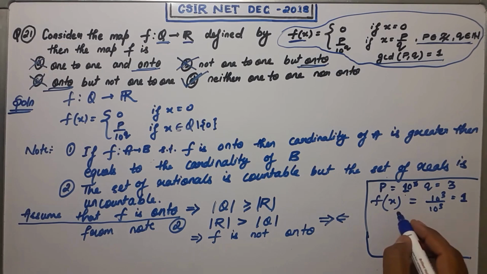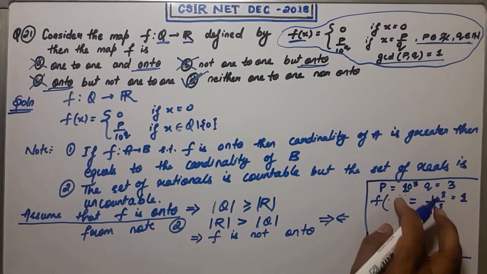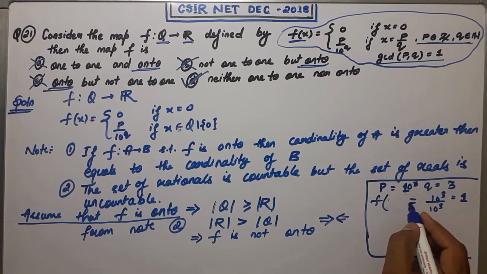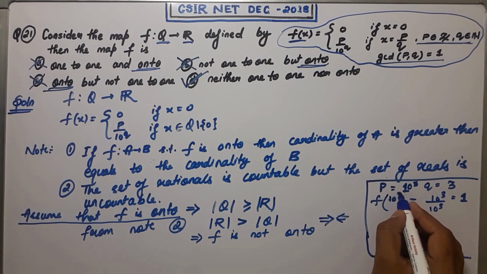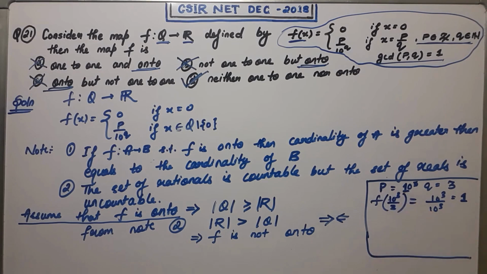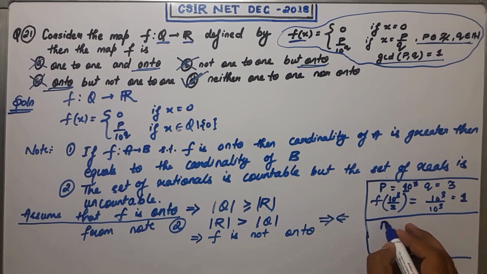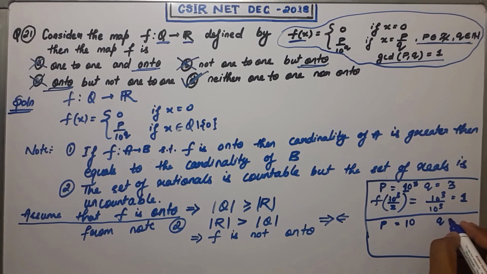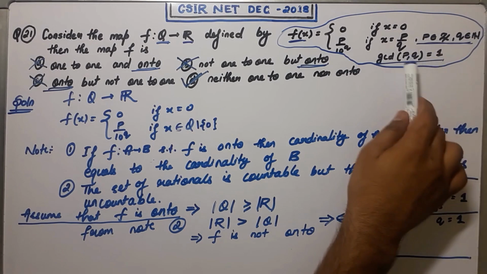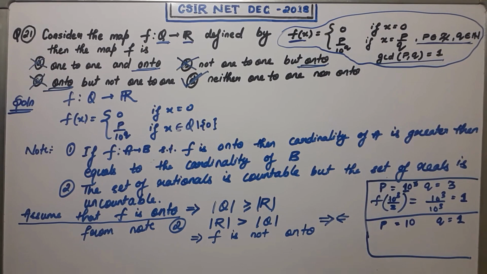So if you put your x as 10 to the power 3 over 3, you are getting your result as 1. Now just put p equal to 10 and q equal to 1. You will see that your GCD is 1 and every condition that is written here is already satisfied.